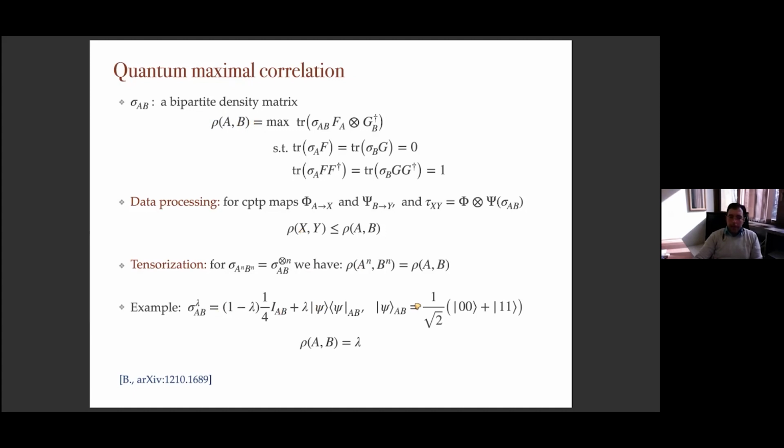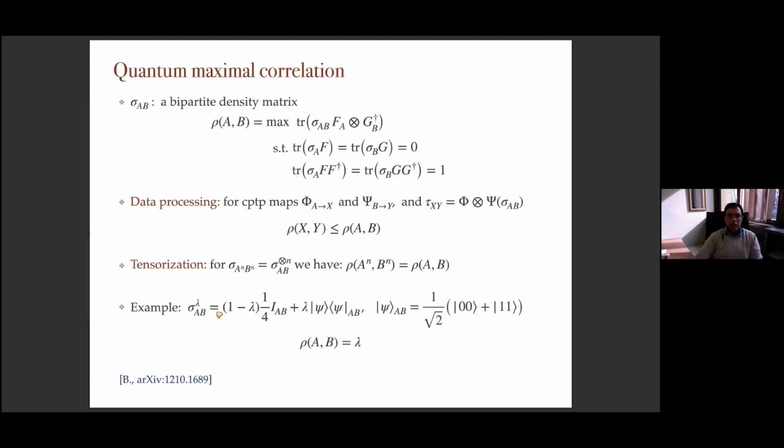An example is if you take sigma lambda to be a mixture of the maximally mixed state and the maximally entangled state. This is essentially the quantum version of the classical example we had previously. We can show that the maximum correlation of A and B would be lambda. It's the same thing.